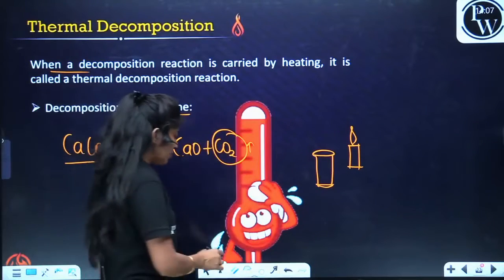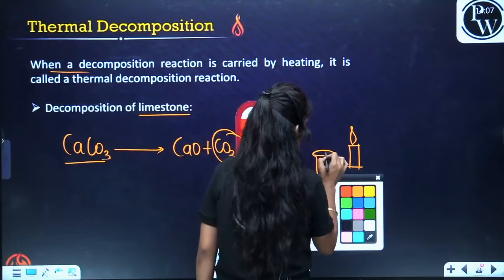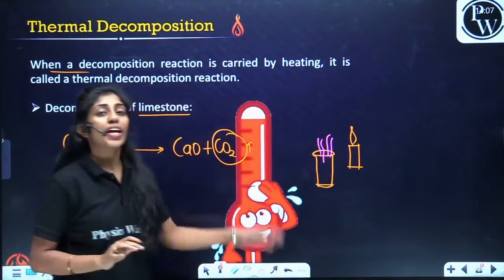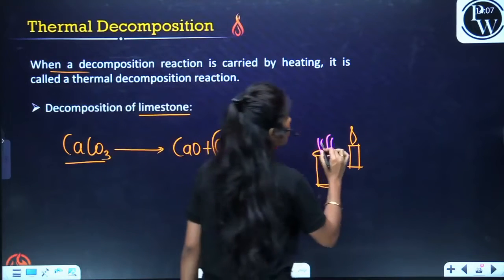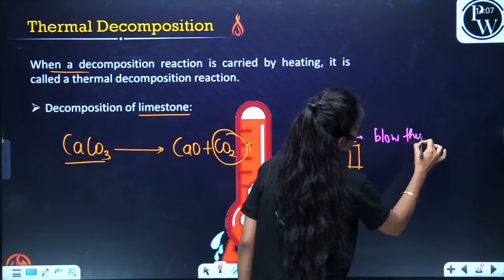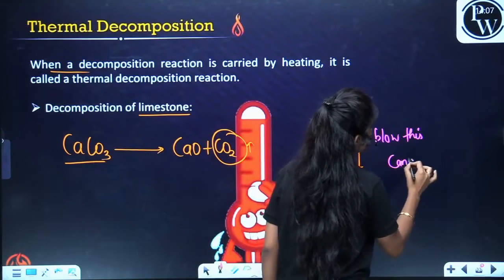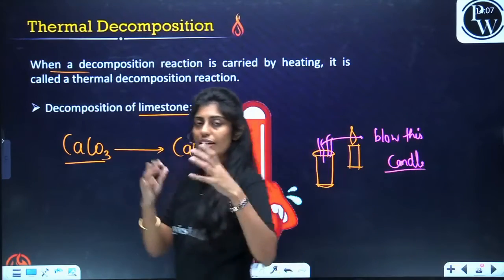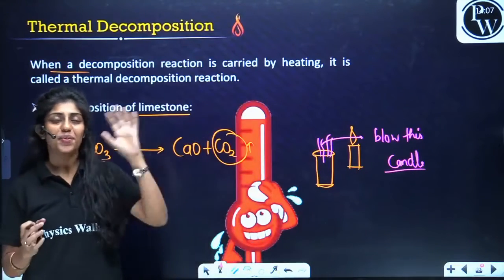So what will happen? Tell me. If this CO2 is releasing from the mouth of the test tube, it will blow out this candle. Yes or no? Why? Suppose it's your birthday and there is a cake, everything decorated.